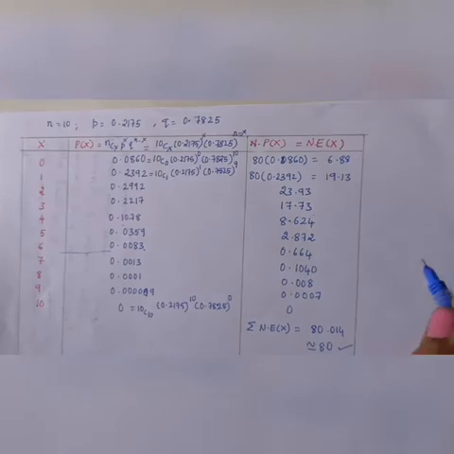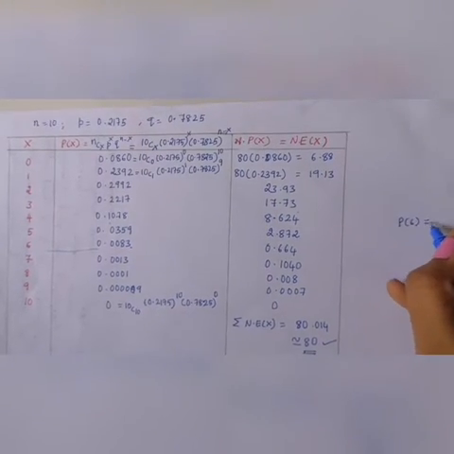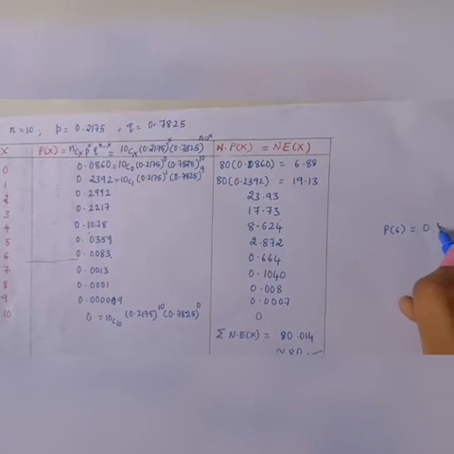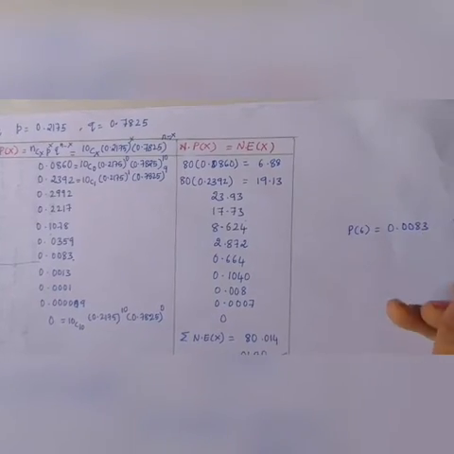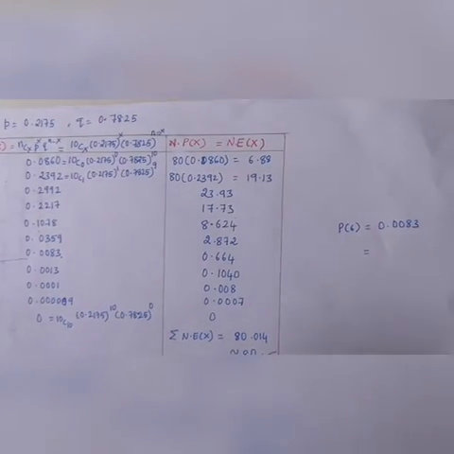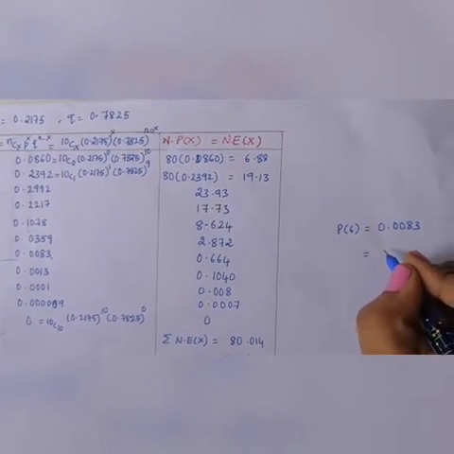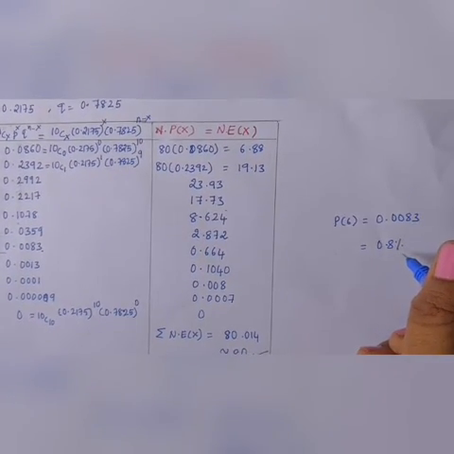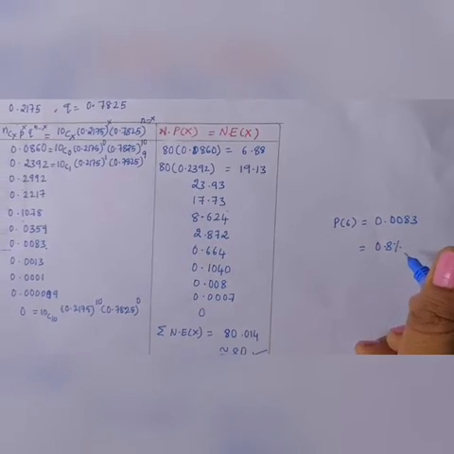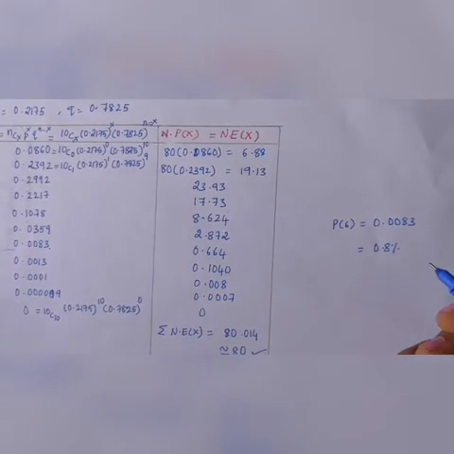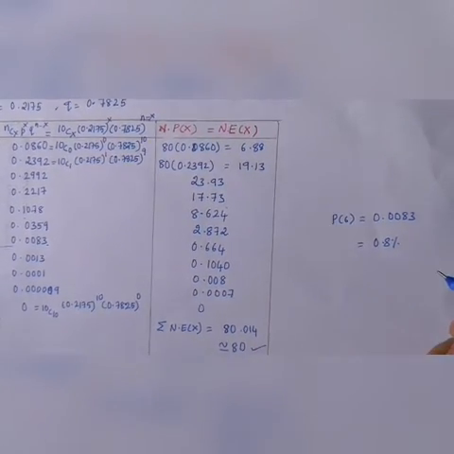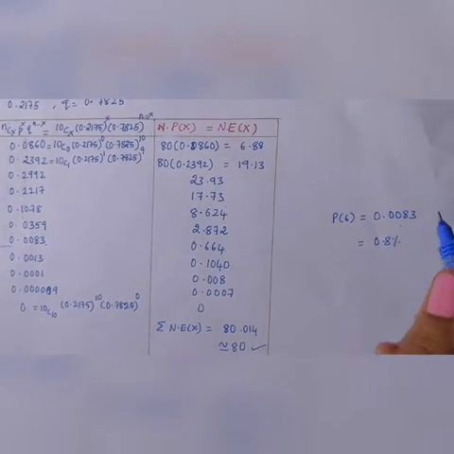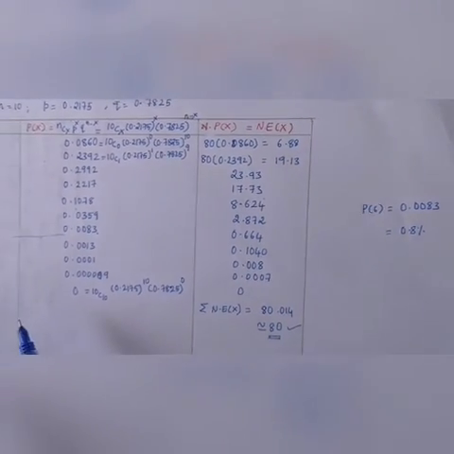P of 6 here is equal to 0.0083. If I convert it into percentages, I am going to get 0.8%. So the probability that exactly 6 seeds germinate is 0.8%. That is how you find the probabilities from the given distribution.